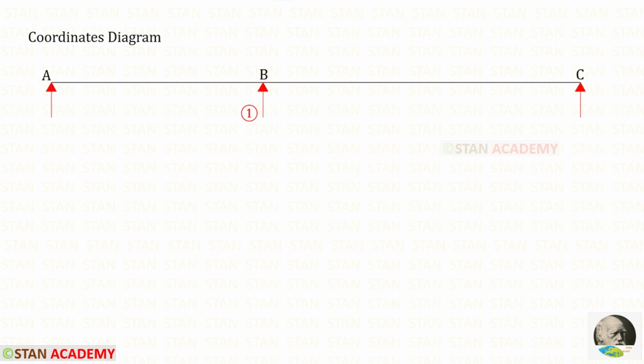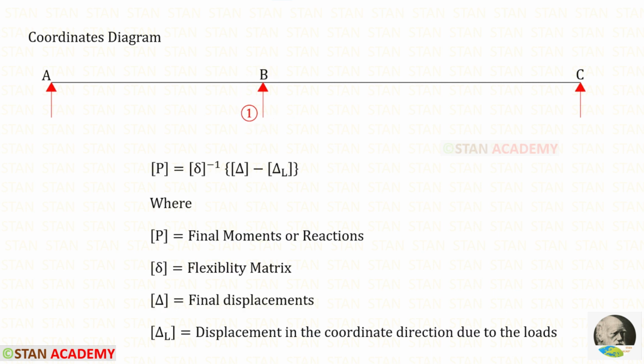Now let us draw the coordinates diagram. In this analysis, there is only one coordinate, that is RB. This is the coordinate because we have removed RB. We know the formula which is used in the flexibility matrix method. In this formula, P will be the final moments or reactions.